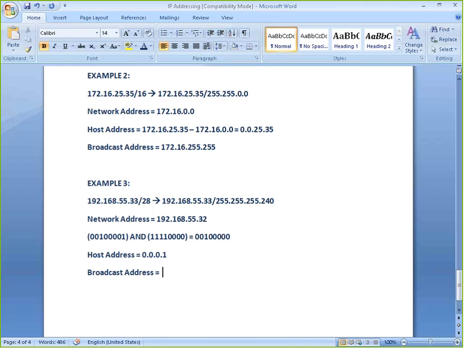Let's calculate now the broadcast address. Let's take a look at that. For calculating the broadcast address, what did I tell you? I told you that you're supposed to convert all the host bits into 1. That is what you're supposed to do.